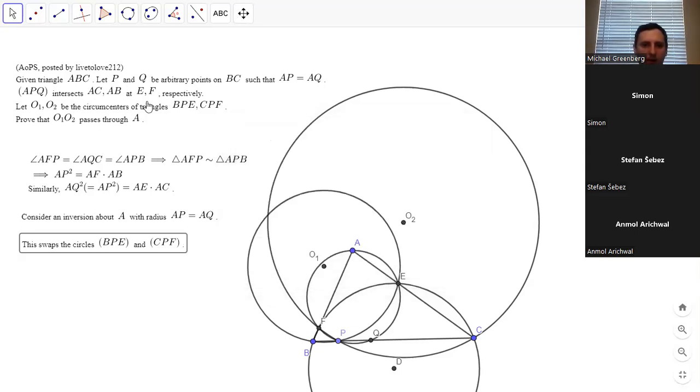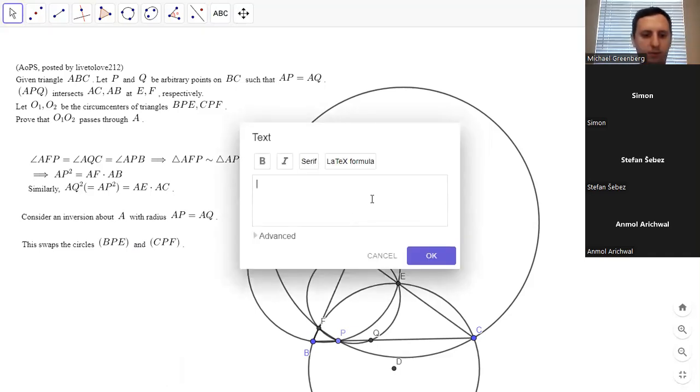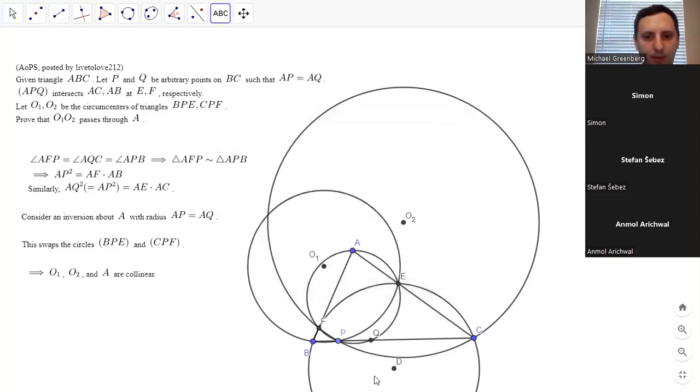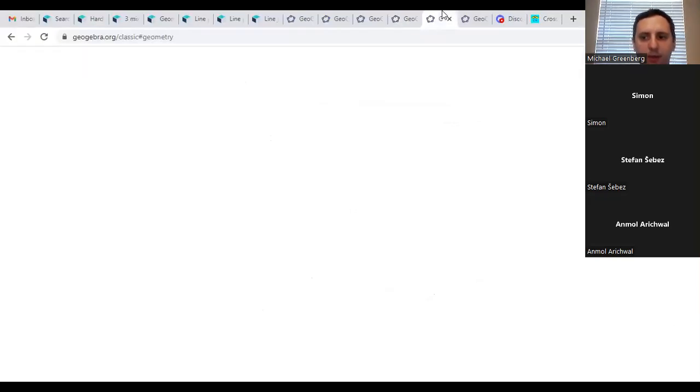That means the centers O1, O2, and A are collinear. All right, very interesting. So a simple inversion solves it. This next one might be a little easier too.